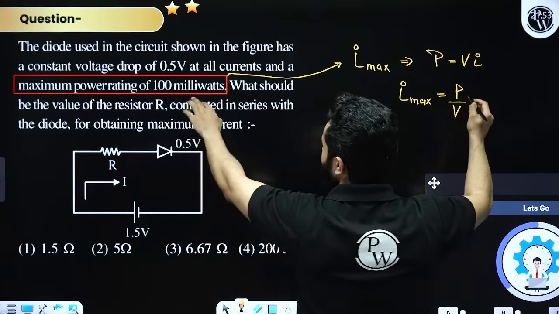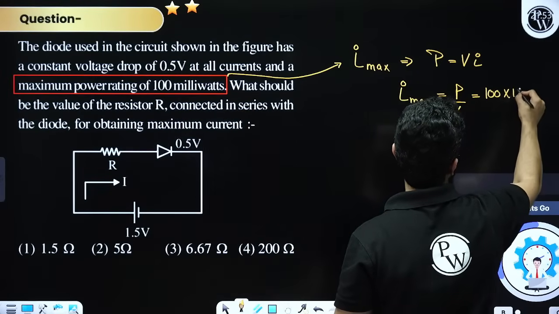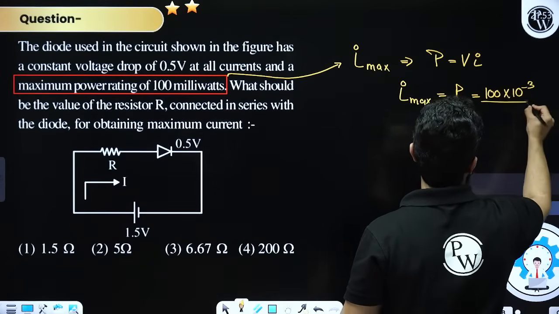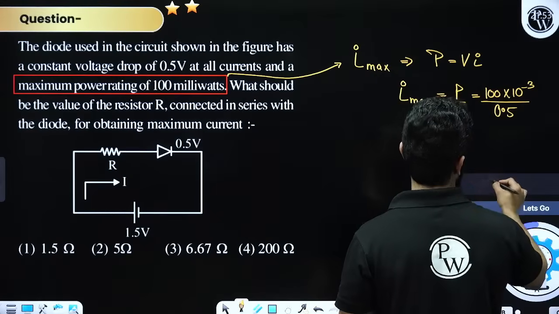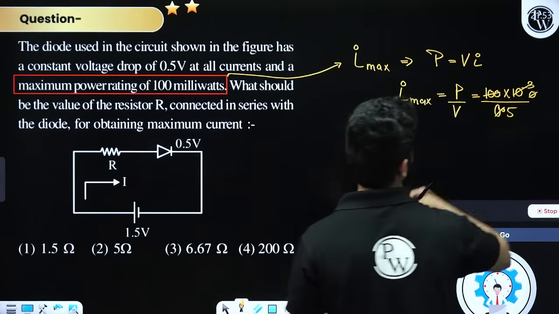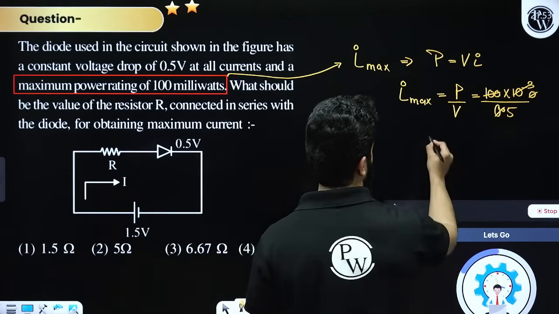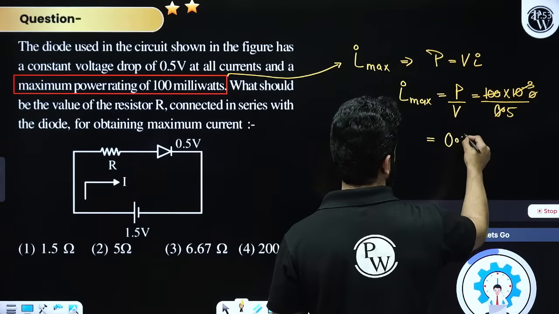Power is 100 milliwatt, 100 into 10 to the power minus 3, divided by voltage, which is 0.5. So dosto, one more 0, this will get cancelled out. And you will get your answer as 1 divided by 5, that is 0.2 ampere.